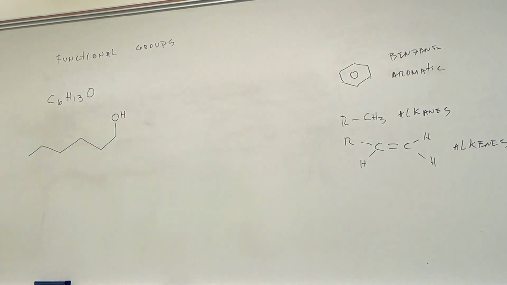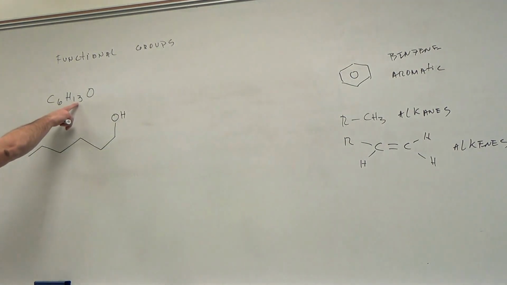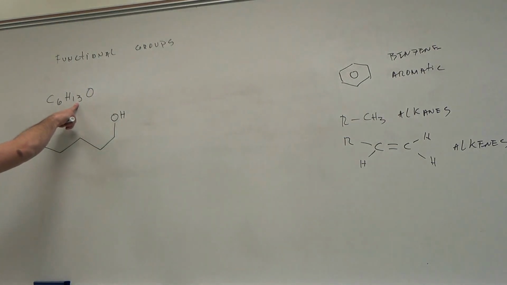Did I make a mistake here? Is it supposed to be 14? No, 13, because you replaced one hydrogen with an oxygen. Count the number of hydrogens. Don't imagine 13, count them. 1, 2, 3, 4, 5, 6, 7, 8, 9, 10, 13.